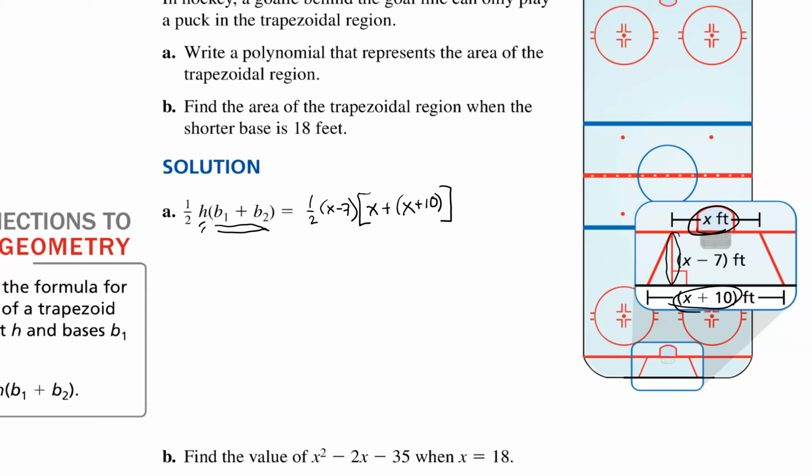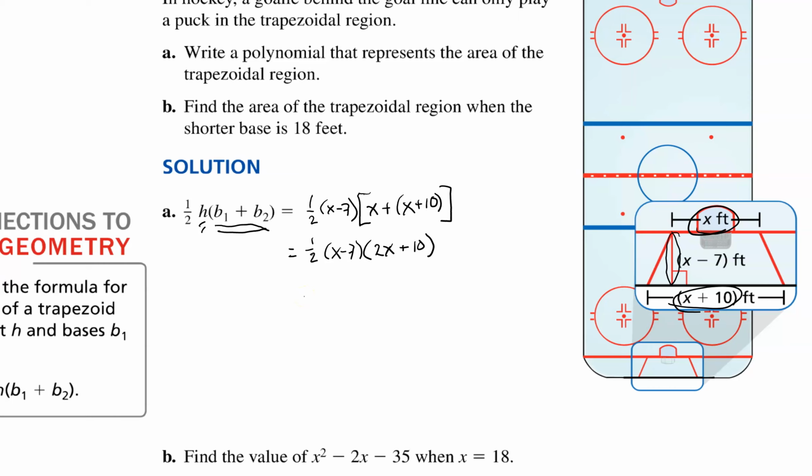So now we just have to multiply everything out. We simplify here, we get 1/2 times x minus 7. And I'm going to put all of these together. X plus x is 2x plus 10. So we just added those two expressions. And now we multiply these out.